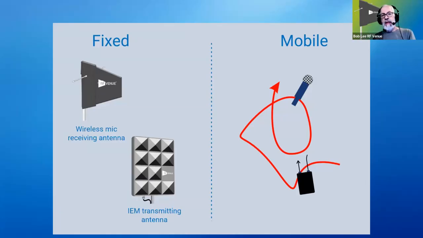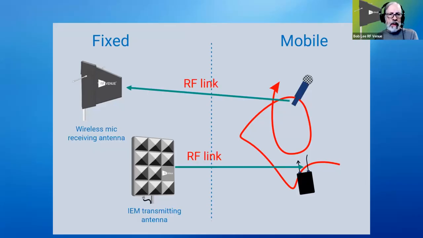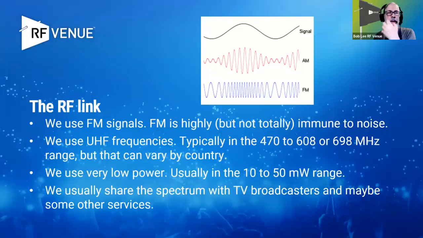The transmitting antenna is stationary, and the receivers are mobile. So this means we have to take a slightly different approach to either one. Either way, we still rely on maintaining a reliable RF link between the fixed and mobile elements of the system.